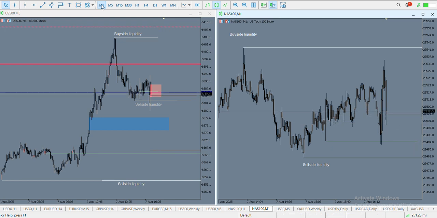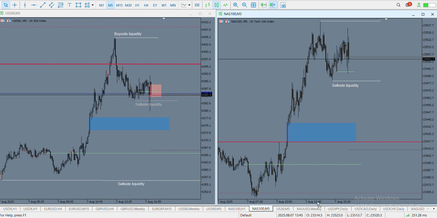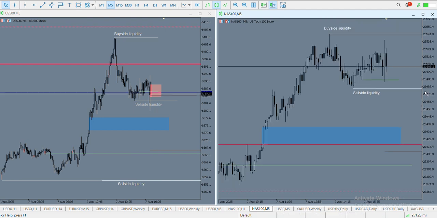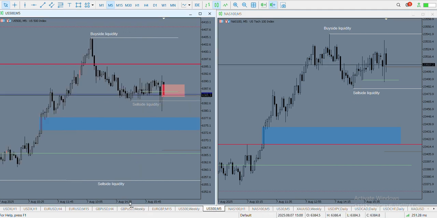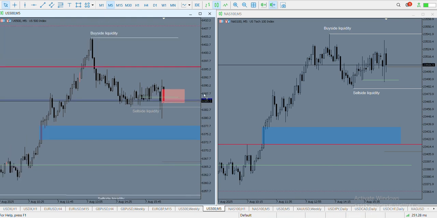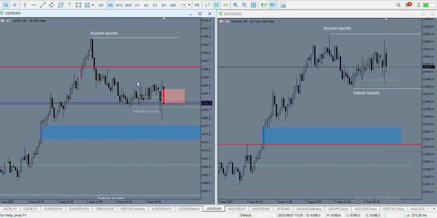So you look at NAS 100. Let's look at a 5 minute chart. It's better on a 5 minute. So we've not touched this buy side, we've not touched this sell side as in trend. But we can clearly tell that US 500 is a little more weak.